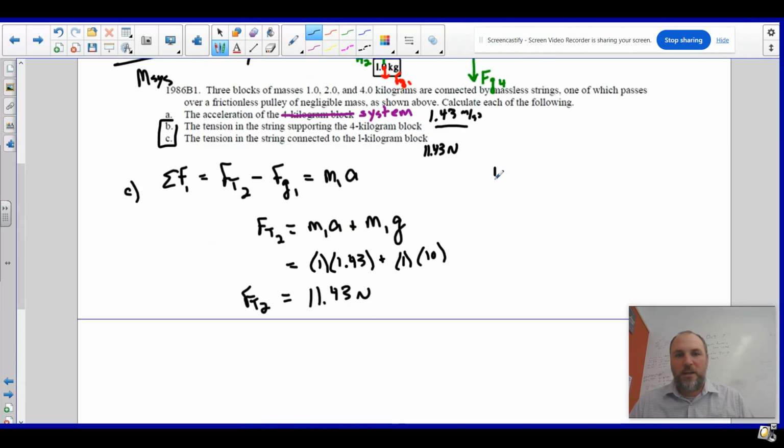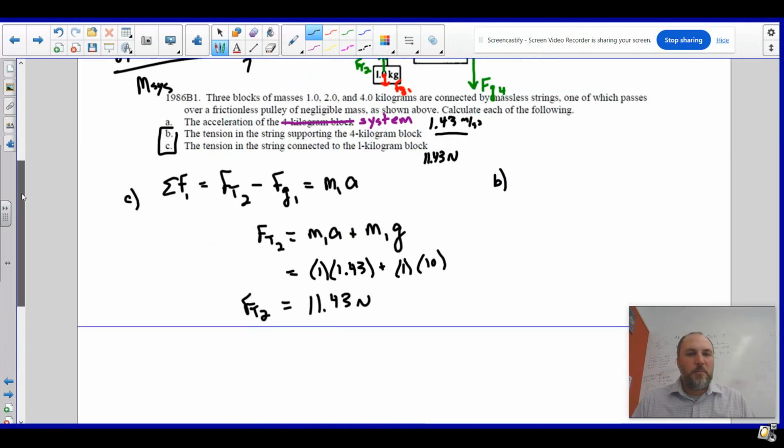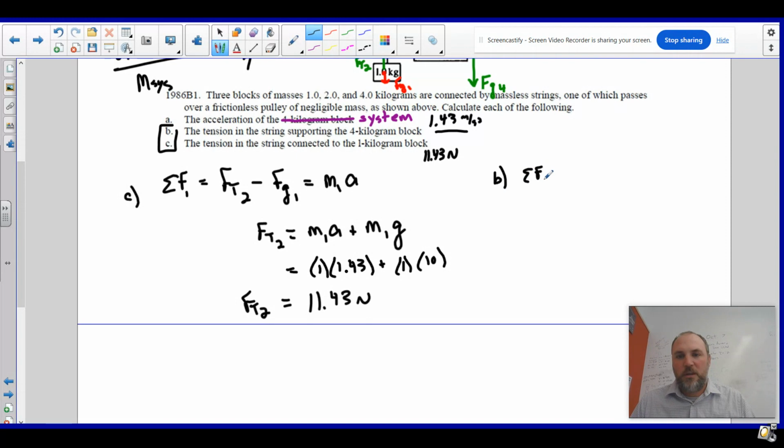So now I'll go back in and do part B, and I will sum the forces on the 2 kilogram. We have Ft1 in the upward direction minus the weight of the 2 kilogram minus Ft2, and that should equal the mass of the 2 kilogram times acceleration. Again, I have the acceleration of the system, so I'll apply that acceleration to the 2 kilogram individually.